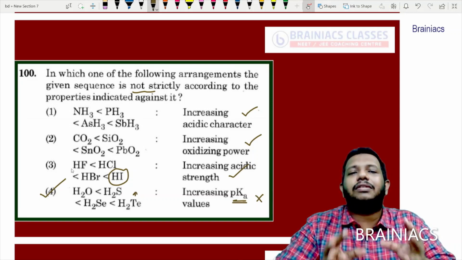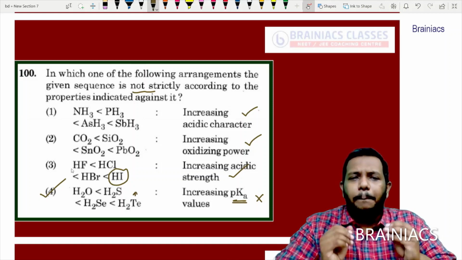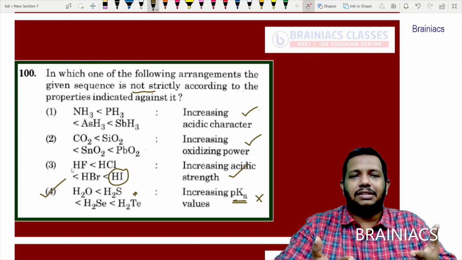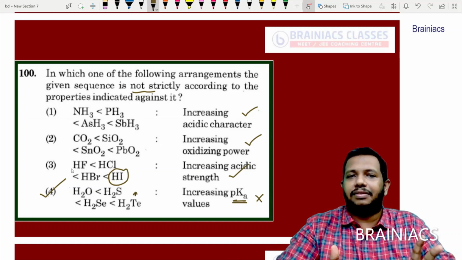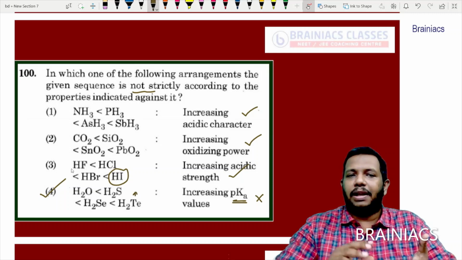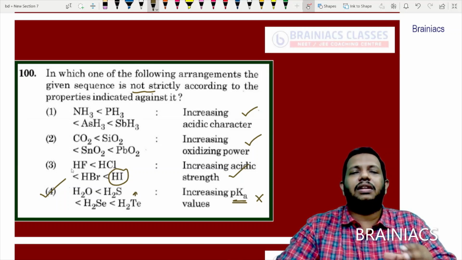If you have a passion to become a doctor, Brainiacs Classes is there to completely support you. Just go through our notes and lectures. It is completely NCERT, nothing else. And all the extra questions, previous NEET, previous AIIMS, previous JEE, previous board questions, every question is completely solved. You just need to listen and write down the notes.